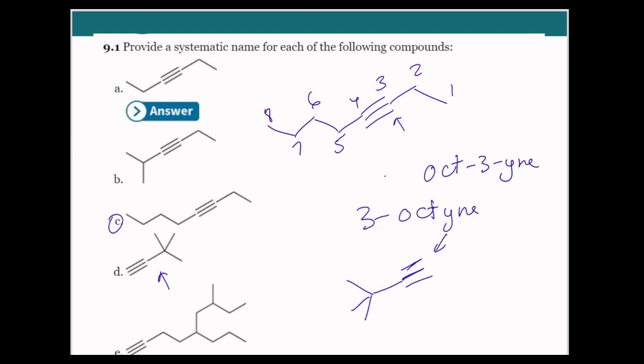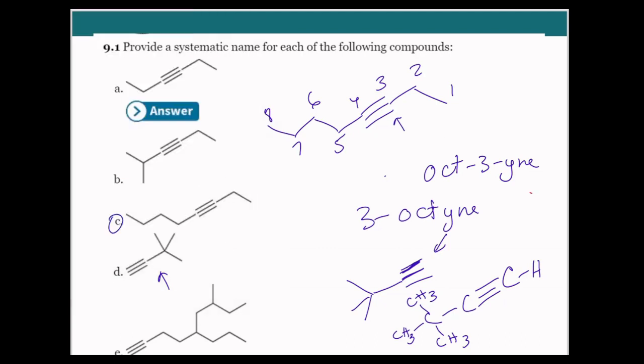Remember that carbon forms 4 bonds, so if I draw this molecule out, on the end I have a CH, then a triple bond to another carbon, then a single bond to this carbon that has 3 methyl groups. Just drawing everything out, making sure you can recognize that.